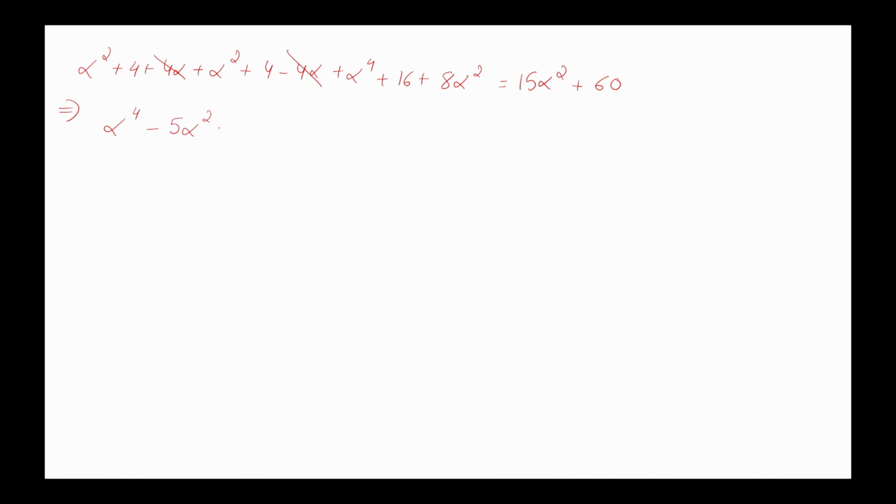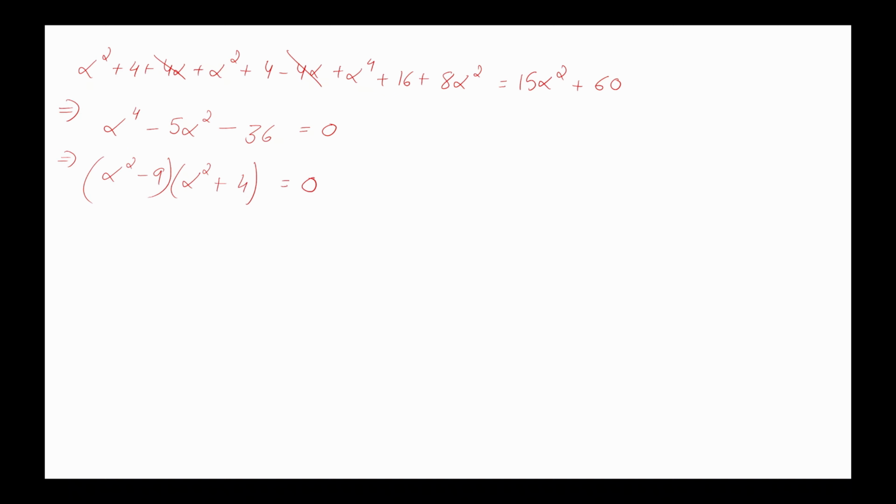And 24 when taken minus 60, we are going to get minus 36. This is equal to 0. So now if I assume my alpha square to be, let's say, some variable t, I can find out my values. This would become (alpha square minus 9) and (alpha square plus 4), equal to 0. So these are my factors of this quadratic equation.